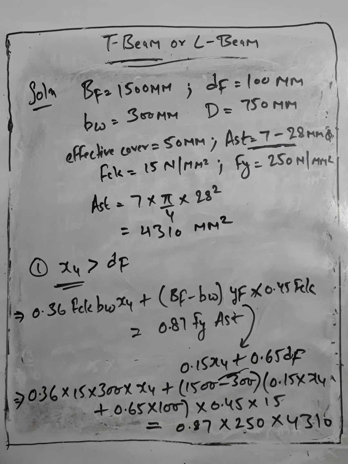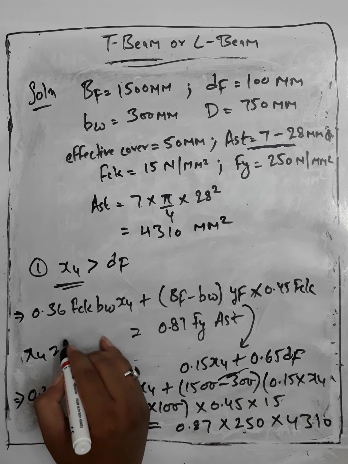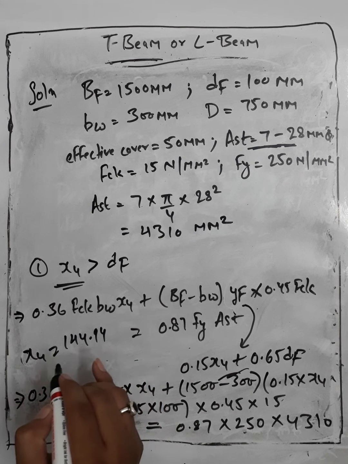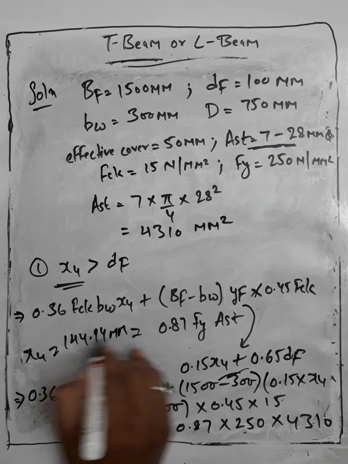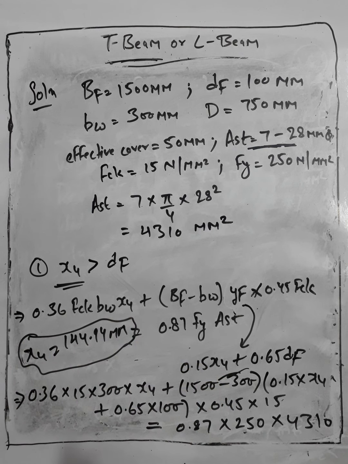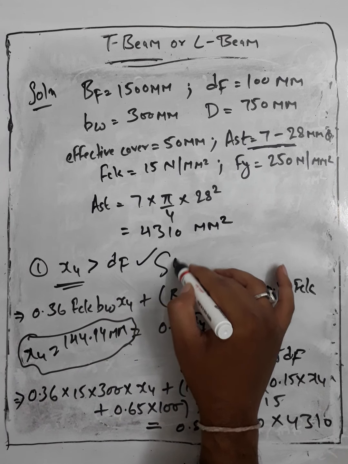Now after solving this equation, we get Xu is equal to 144.94 mm. After solving this equation, we got Xu is equal to 144.94, that means this condition is satisfied.